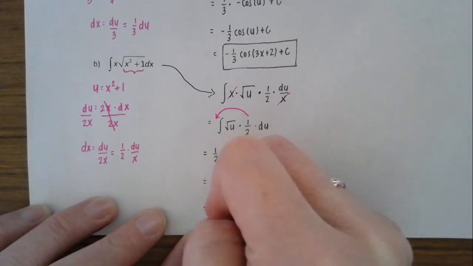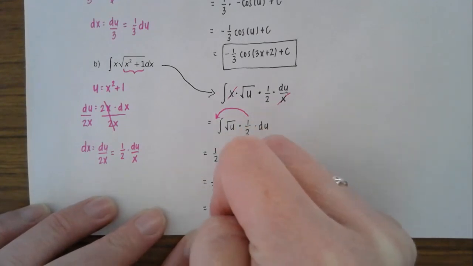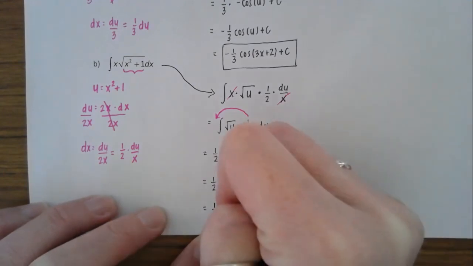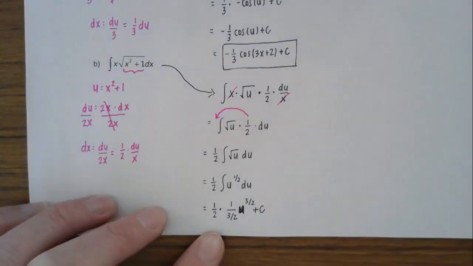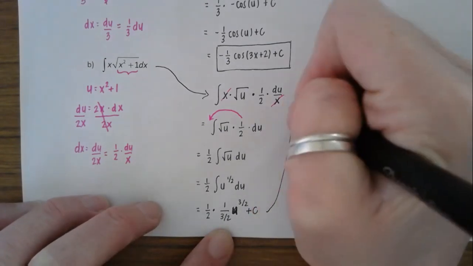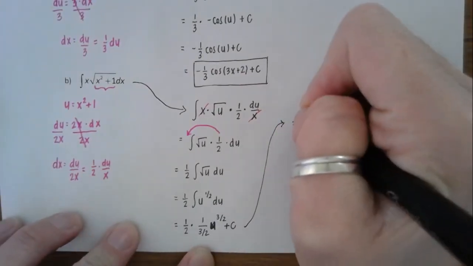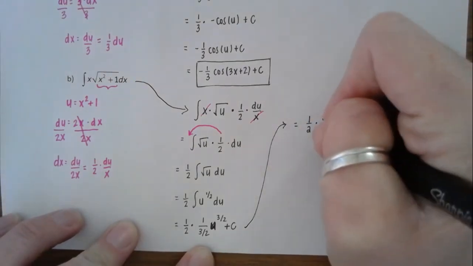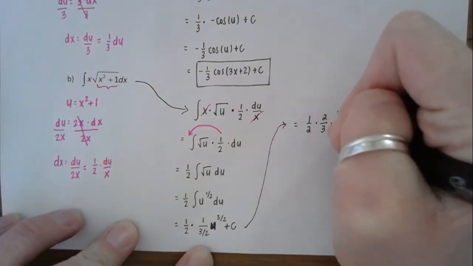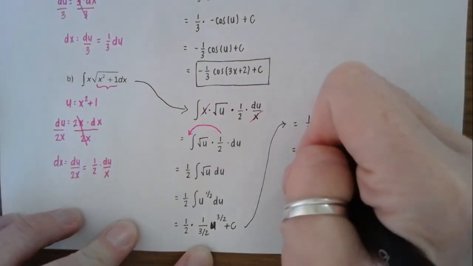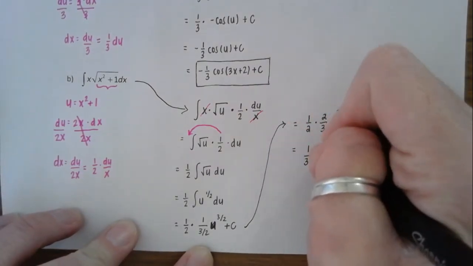So that's going to be 1 over 1/2 plus 1 is 3/2, u to the 3/2, again, plus c. Oops, I'm changing my variable here. That should be a u. And I'm just going to clean this up a little bit. So it's going to be 2/3 u to the 3/2 plus c. And then I think that's just going to give us 1/3 u to the 3/2 plus c.